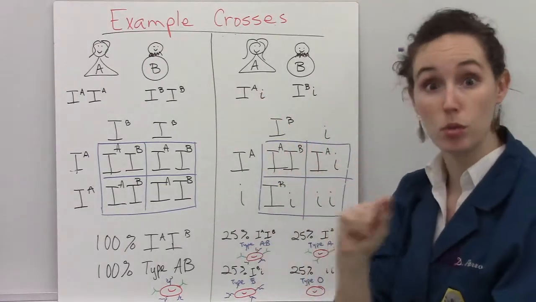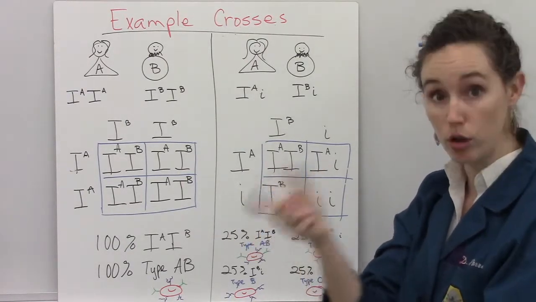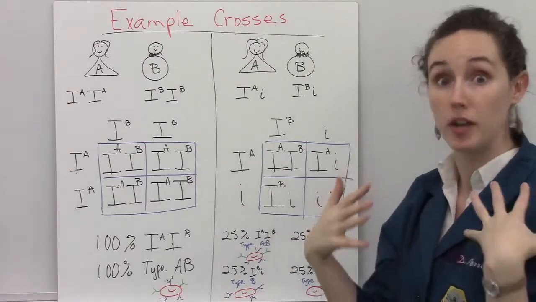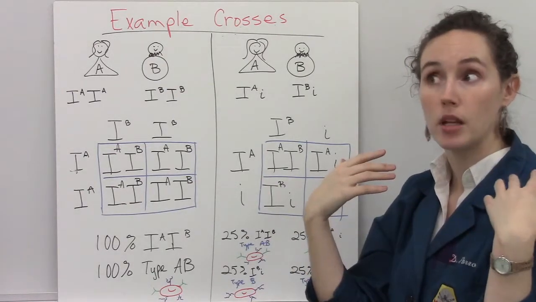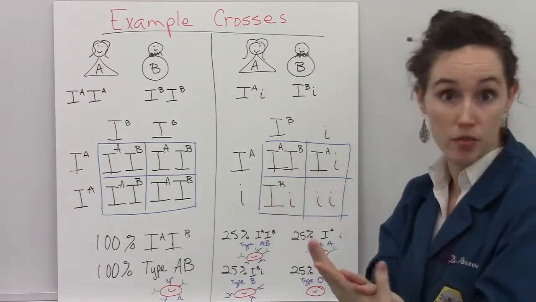However, since there are multiple alleles and multiple genotypes that can code for these phenotypes, when we cross them, their offspring are going to have very different chances for different genotypes and phenotypes.